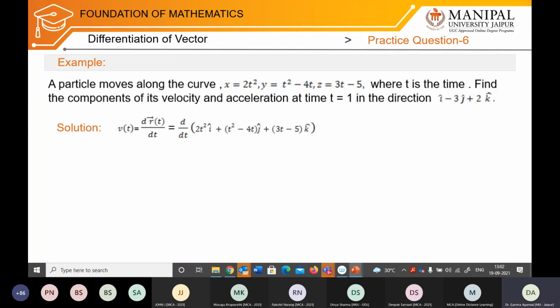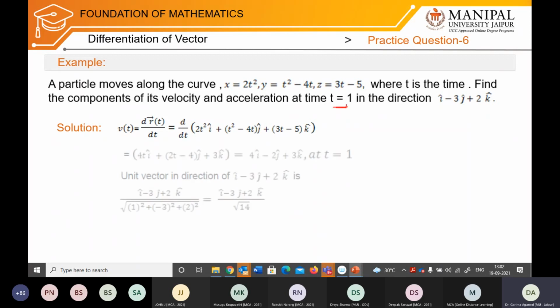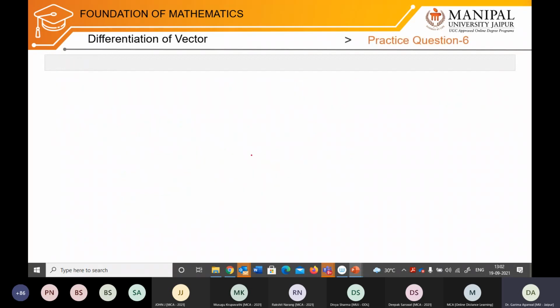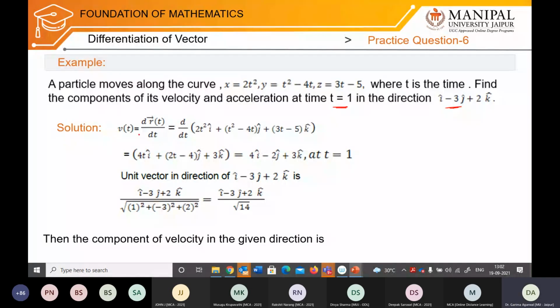A particle is moving along the curve, the values of x, y, z are given. Find the component of velocity and acceleration at time t equals 1 in this direction. So we can find velocity, which is the first order derivative. At t equals 1, we can find velocity by substituting t equals 1. Right? So this is the velocity at t equals 1.